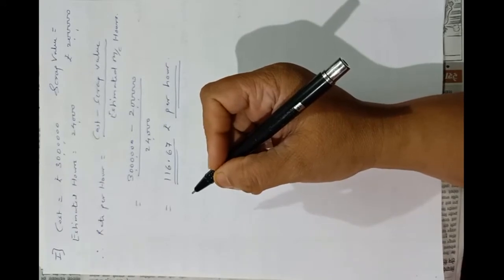They told us that in years first, second and third, the machine hours worked are 3,000 per year. From 4 to 6, 2,600 per year. For 7 to 10, 1,800 hours per year.